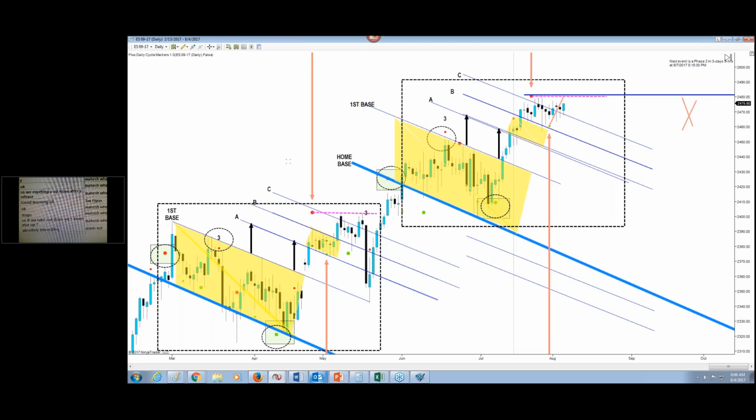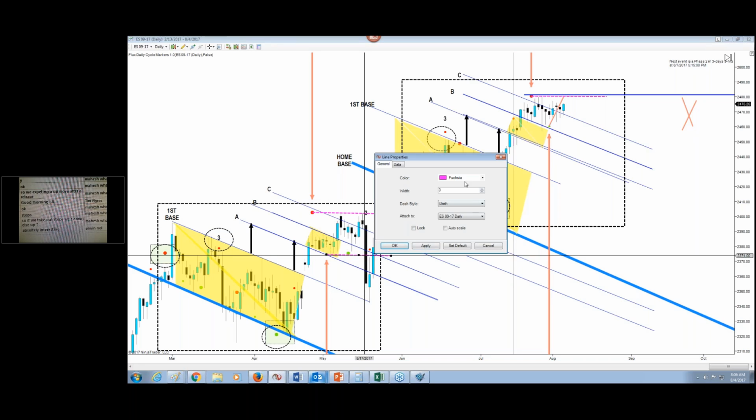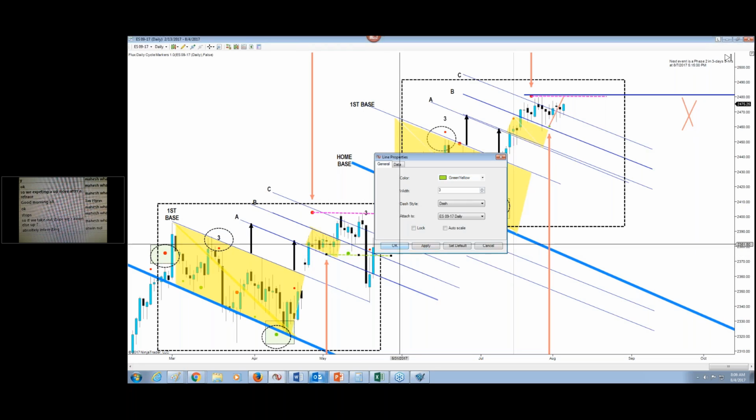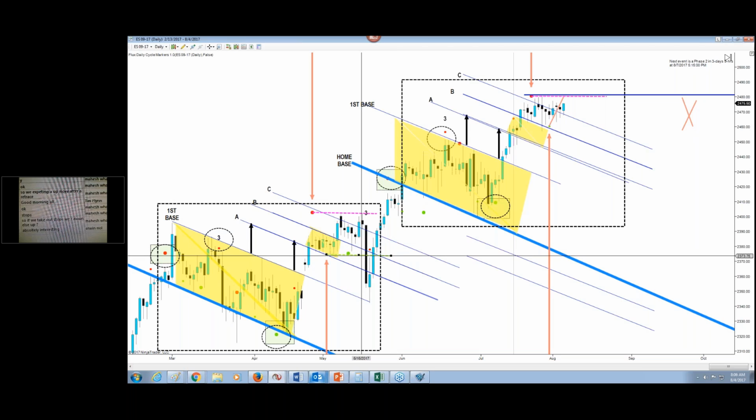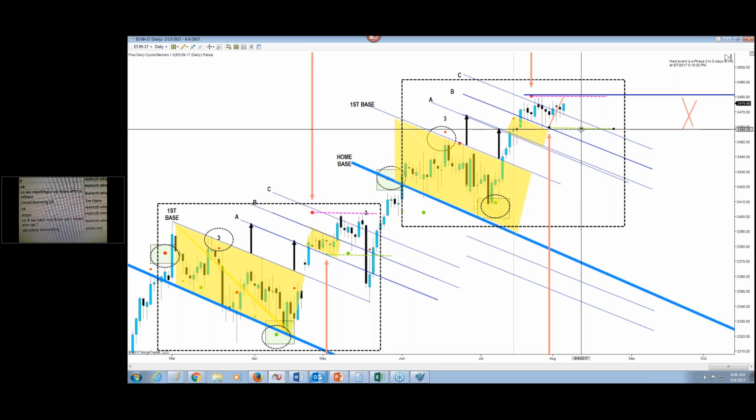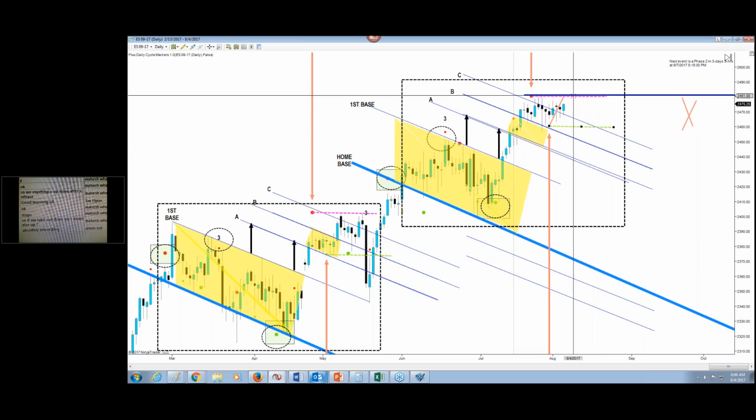So, one of the things I want you to note is that we don't go below the phase 1 dot until the double top is touched. And so we don't expect to be down here until we come up to this dark blue line.